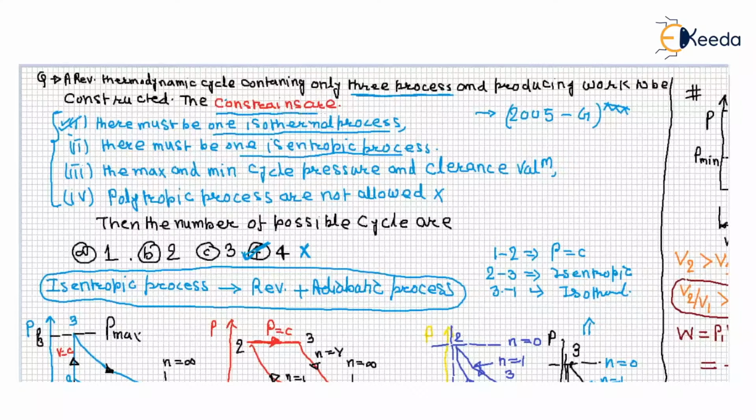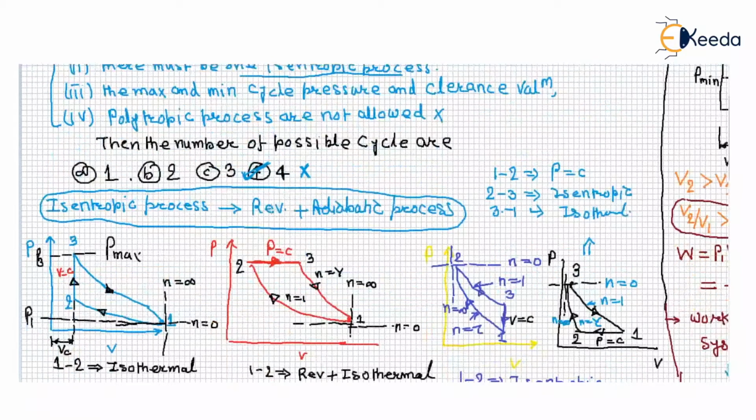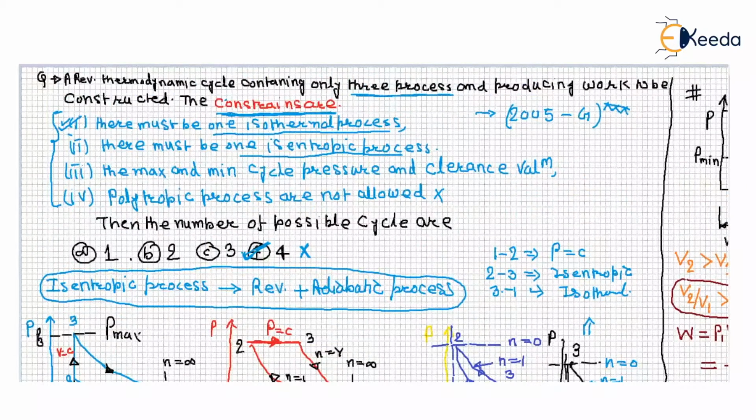The constraints are, it is said here that there is a constraint, that means there must be one isothermal, one isentropic, maximum and minimum cycle pressure and clearance volume. So you draw this cycle, but this is wrong. All this drawing is correct when constraints are not given, but there is a constraint.